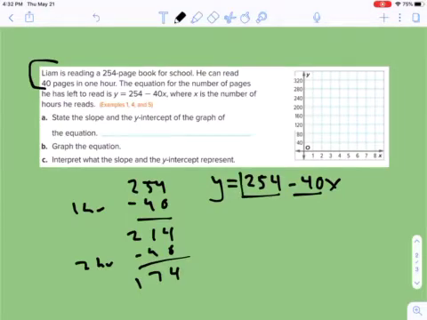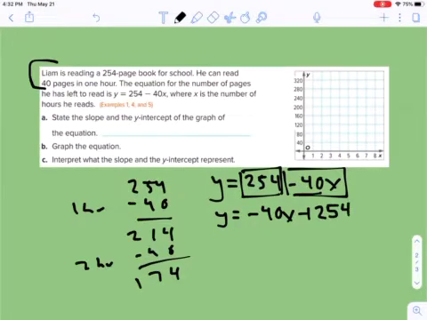The way you rewrite it is you understand that 254 is positive, and the sign to the left of anything always goes with it. It belongs to it. So just move things around: negative 40x plus 254. Now you've got an equation you kind of know how to work with.